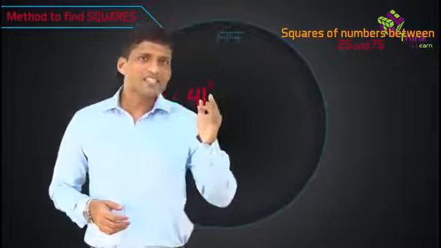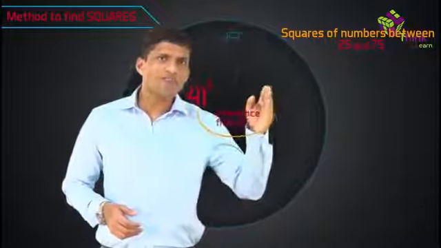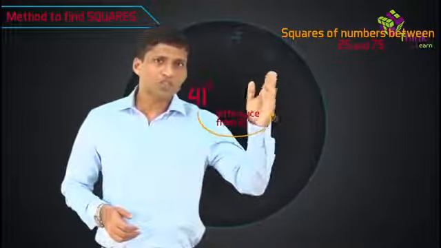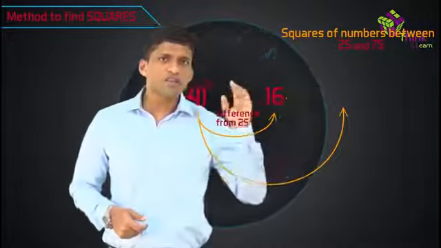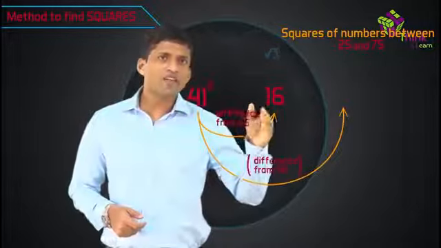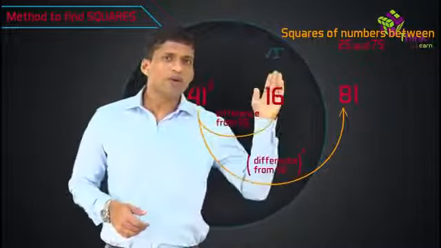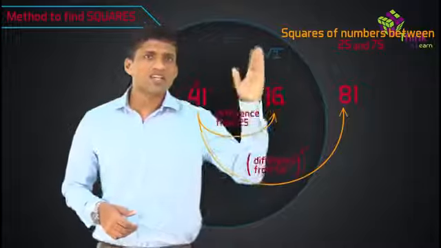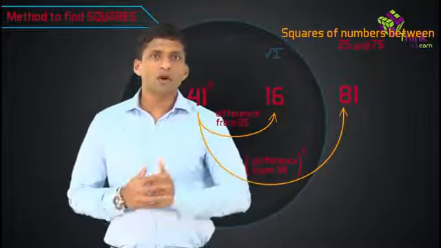Two very simple steps. First step is, take the difference from 25 and write it as the first two digits, that's 16. Then take the difference from 50, which is 9, and the square of that you write as the last two digits, which is 81. So it's simple, right? You can do it in seconds. 41 square will be 1681.